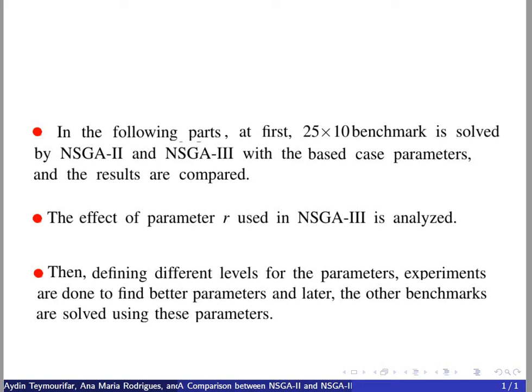After analyzing the effect of parameter R in NSGA-III, defining different levels for the parameters, experiments are done to find better parameters, and later the other benchmarks are solved using the defined parameters.